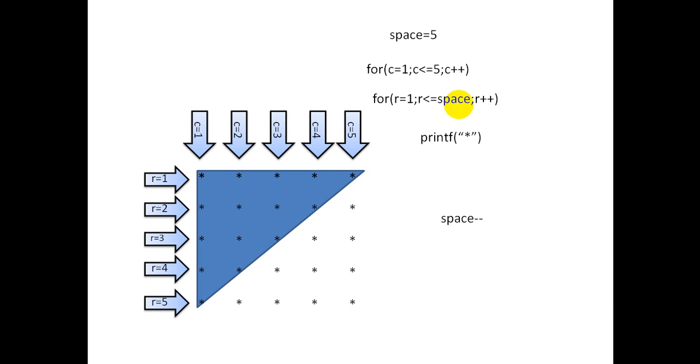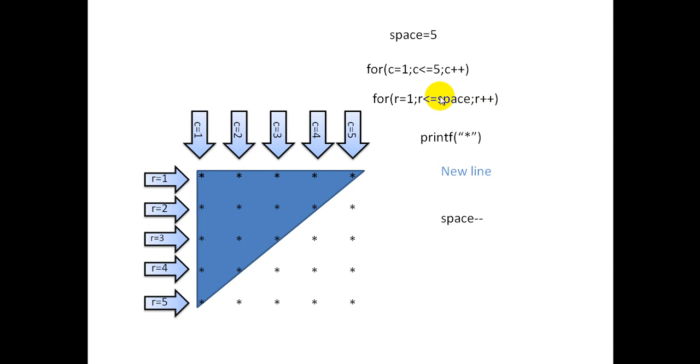And before decrementing the space value, we have to get from this row to the next row. That's why we have to print a new line.